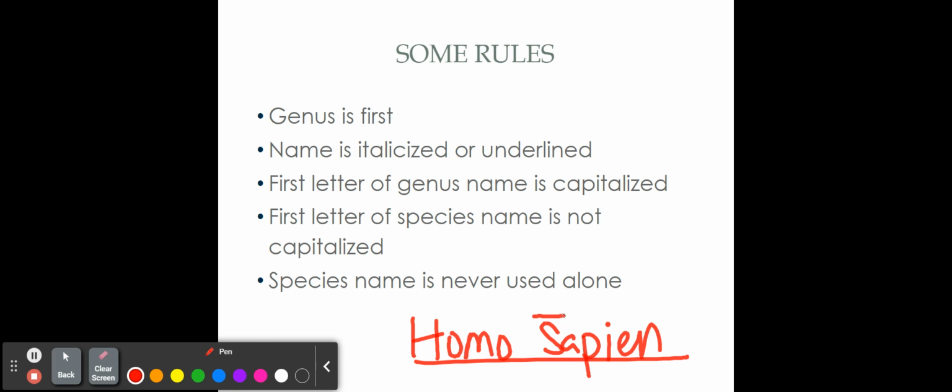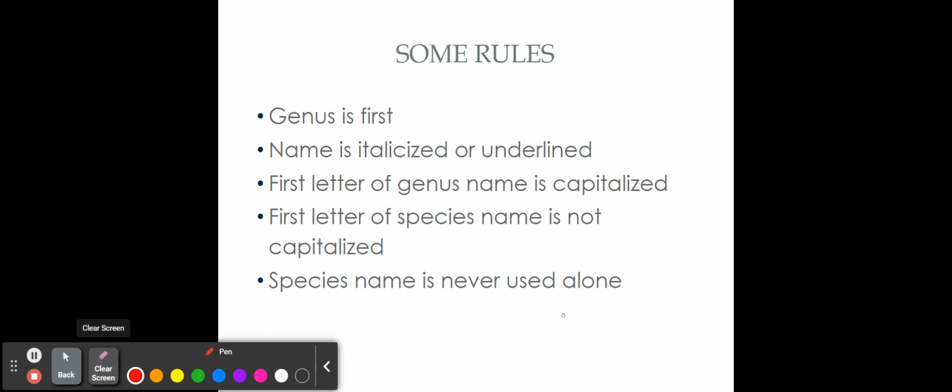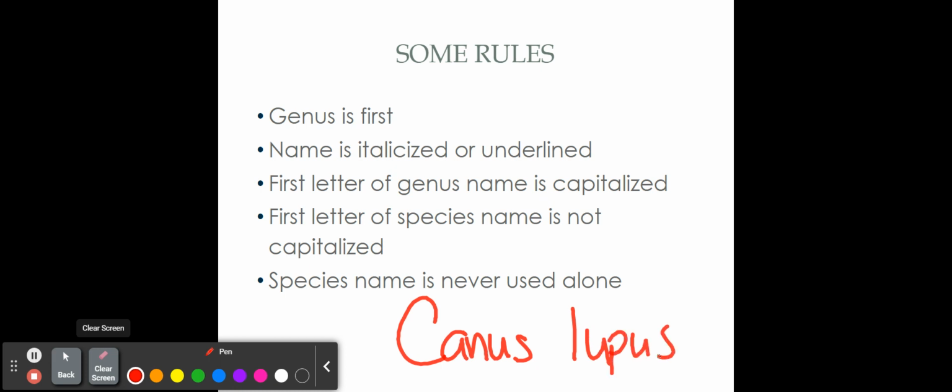You can do the same thing in Canis lupus, which is wolves. Canis means dog, and lupus means moon, so it literally translates to moon dog, which makes sense because wolves howl at the moon.